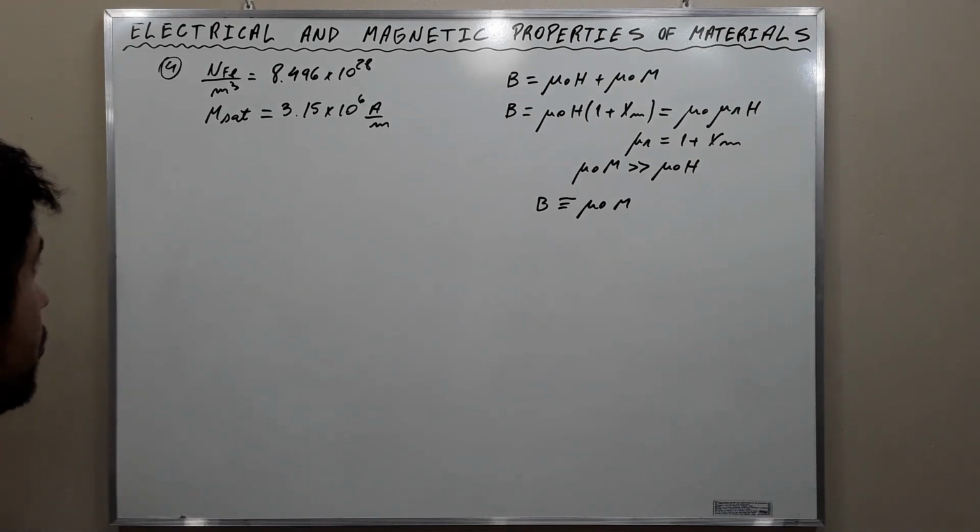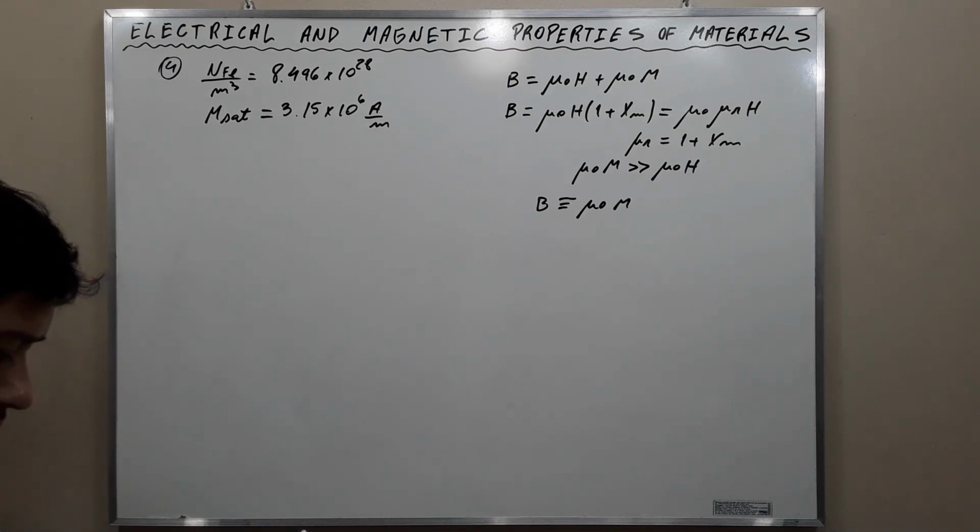Now we are going to use the numbers to calculate the theoretical magnetization limit for iron.